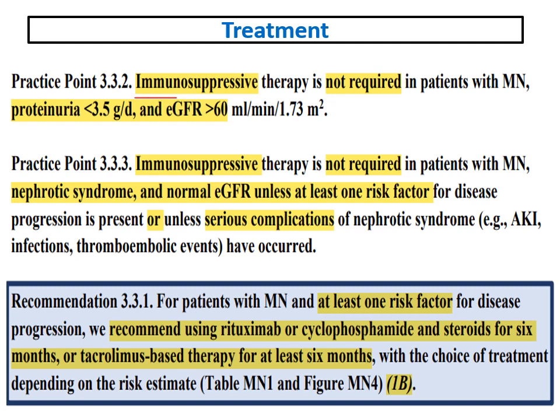Again, immunosuppression is not required in low-risk patients with proteinuria less than 3.5 gram and GFR more than 60 ml per minute.